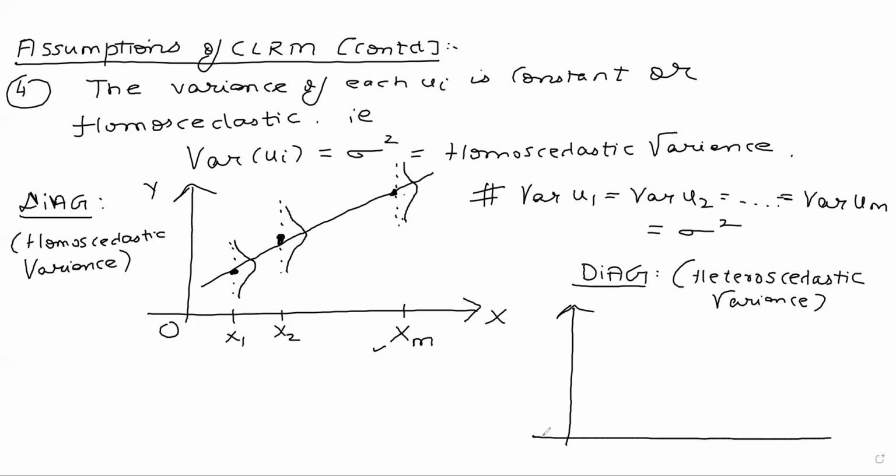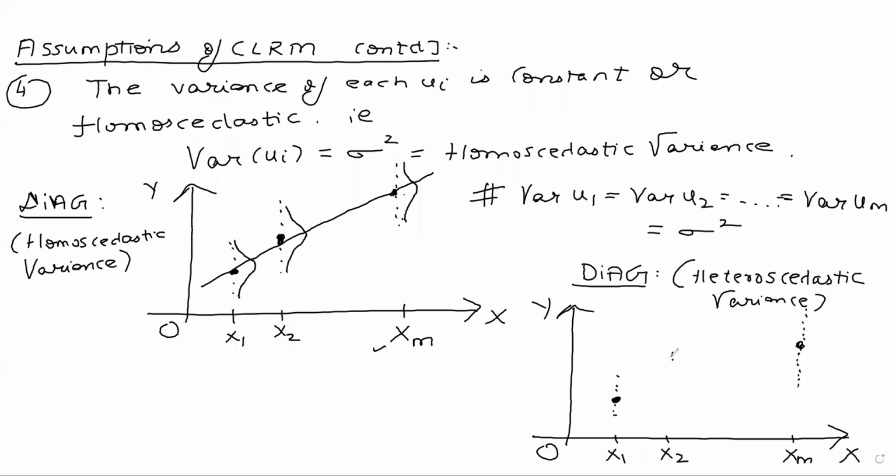So you all can see the diagram. This is variable x, variable y. Okay. Again, you can see for a given value of x, you have lot of values of y. Okay. So when I join these points, I get my population regression function.